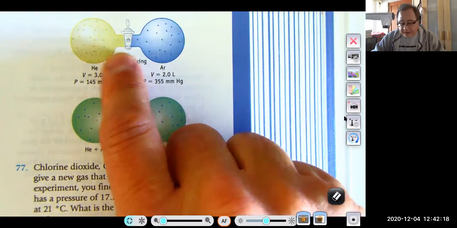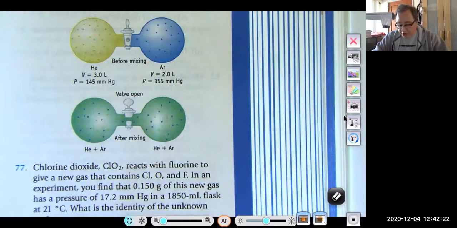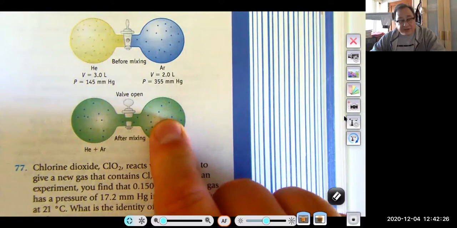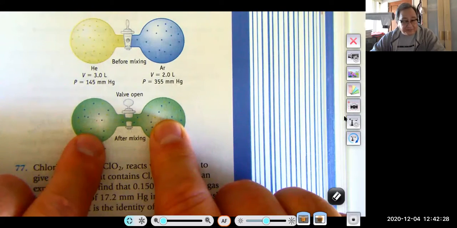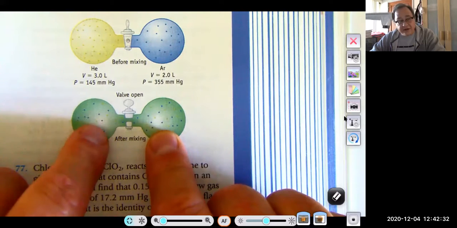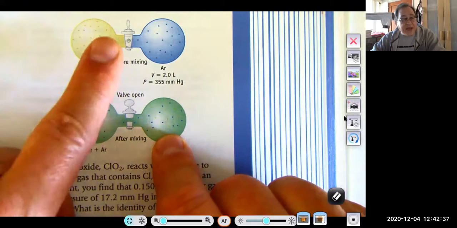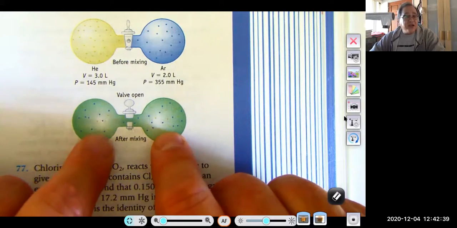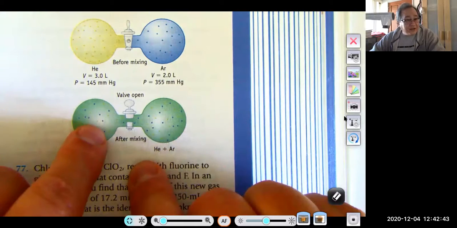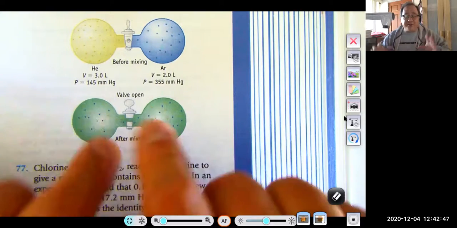What's going to happen to the helium gas when we turn the stopcock? The helium gas will flow through here, go into this container, but some of it will be in this container. And roughly 3/5 will be in this container and 2/5 will be in this container of our helium gas. And the reason I say 3/5 and 2/5 is because this is 3 liters and this is 2 liters. So naturally, they will partition based on the volume.